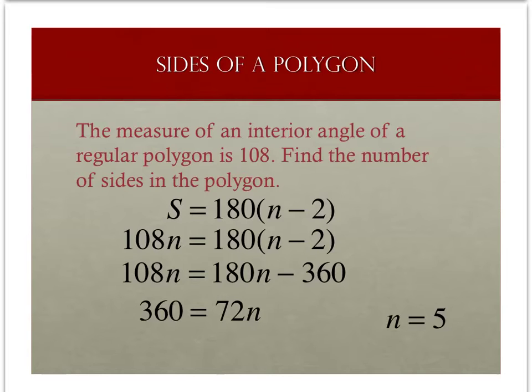Using the distributive property, 108n equals 180n minus 360, and I get 360 equals 72n. Now I'll divide 360 by 72, and I get that the number of sides is 5. So basically I've used both of those theorems to figure out the number of sides in a polygon based off of the interior angle measure.